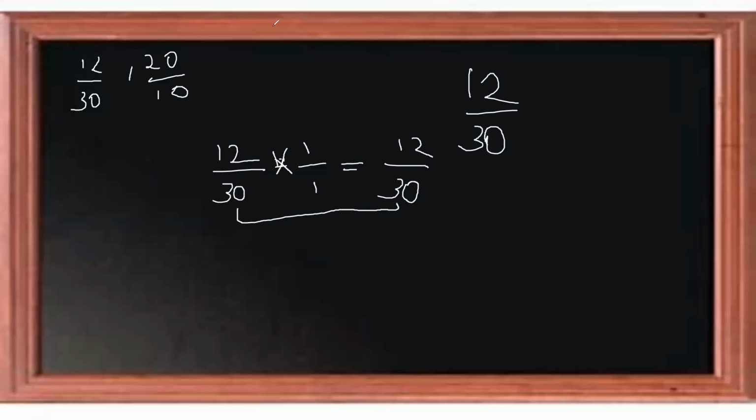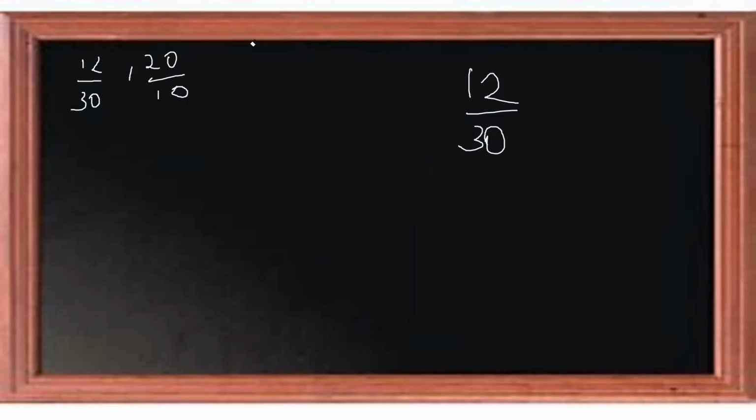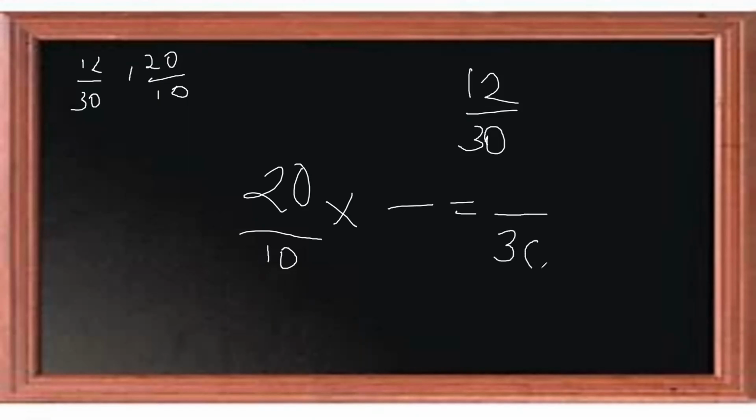And now for the second one, 20 by 10, just wait a minute, let me erase this first. I will be telling you both the methods. 12 by 30, and now for 20 by 10. 20 upon 10 into this, and here 30 is the LCM. So now divide 30 by 10, we get 3.